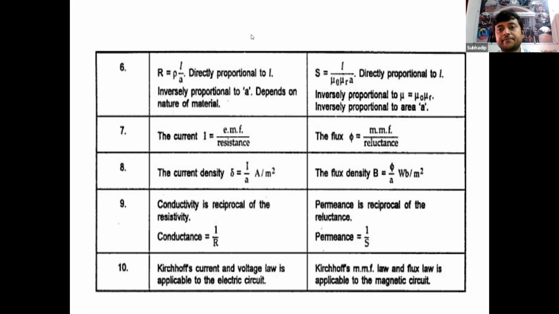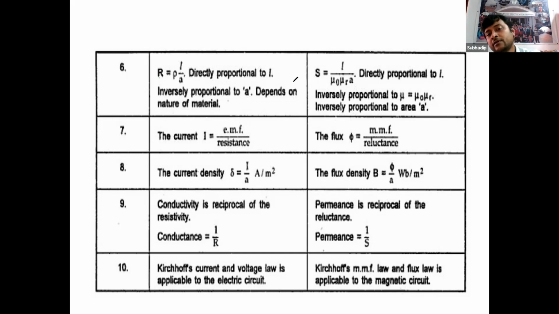You see here, the resistance R equals rho into L by A, which is directly proportional to the length L and inversely proportional to the cross sectional area A, and depends on the nature of the material.